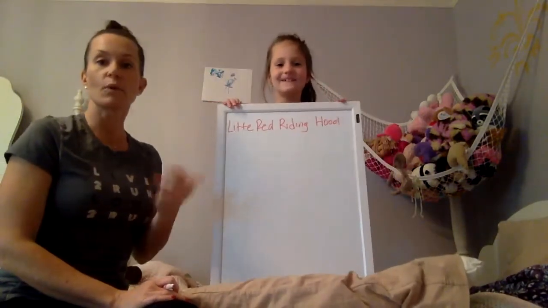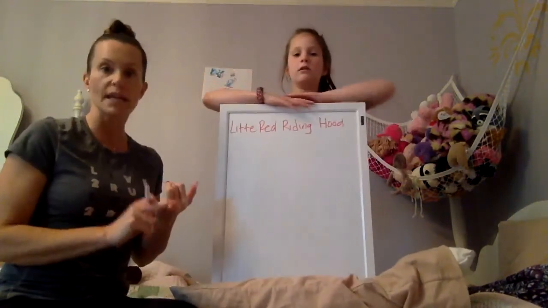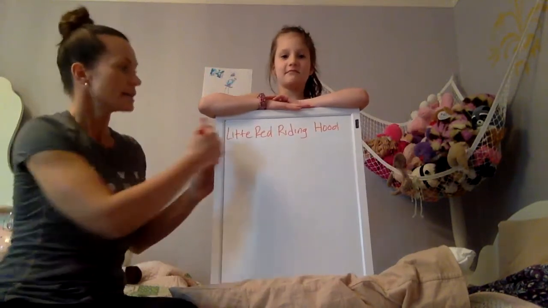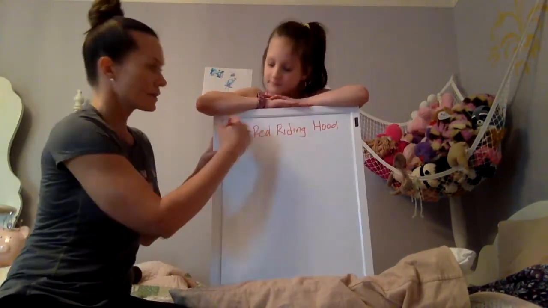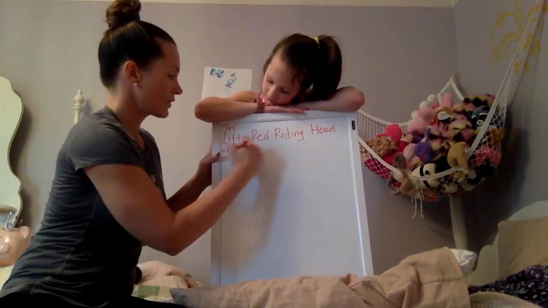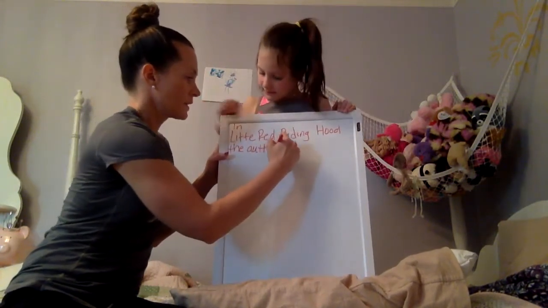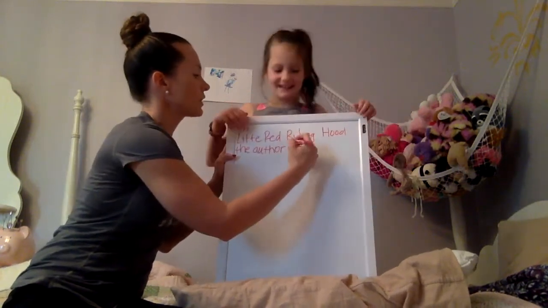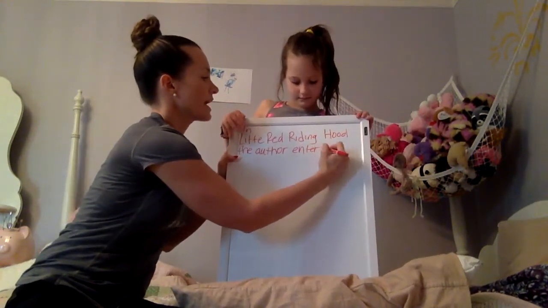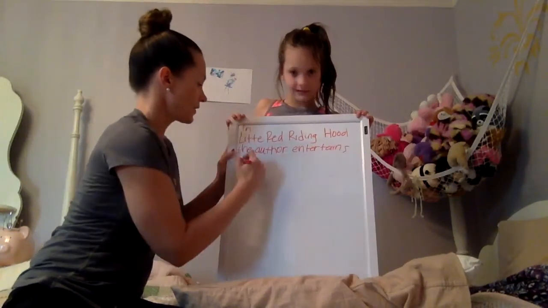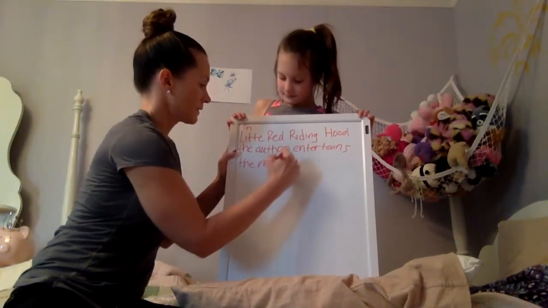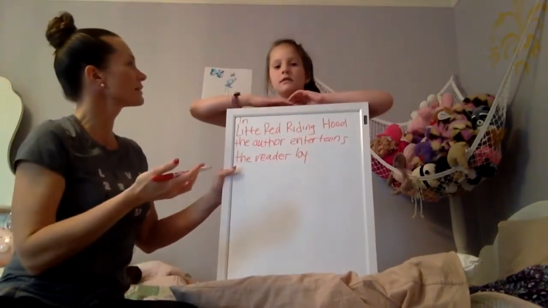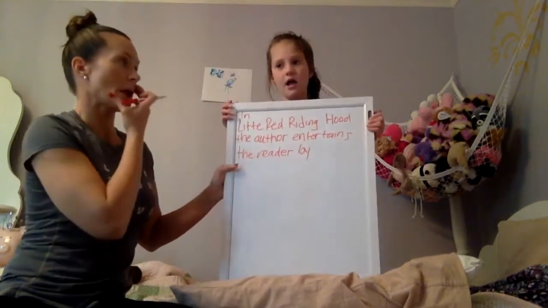So the verb is going to be, what is the author doing? Is the author informing us? Is the author describing, explaining, entertaining? Entertaining. Okay. So in Little Red Riding Hood, the author entertains the reader by telling the story?